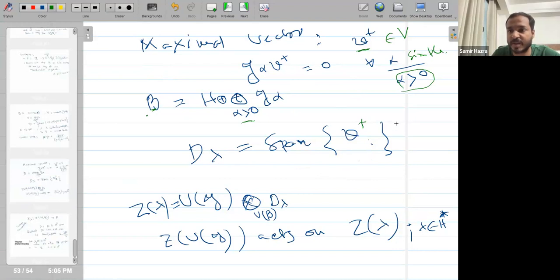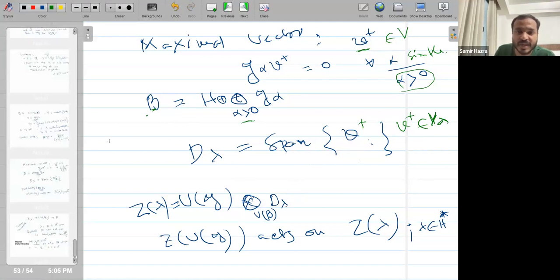V plus belongs to V lambda, that's all. So V plus in V lambda is a maximal vector, so basically this is a one-dimensional space, D lambda. And then on this D lambda, this B actually acts.